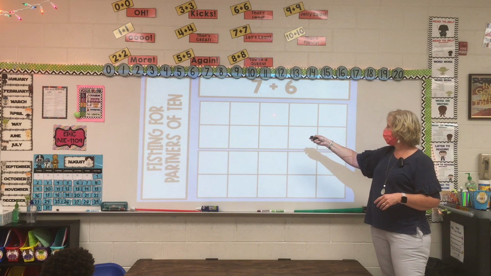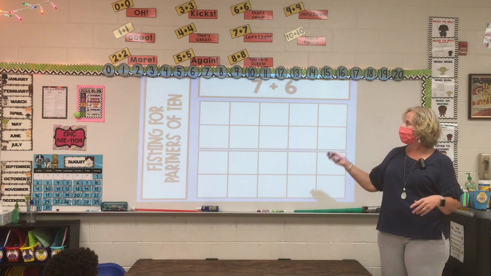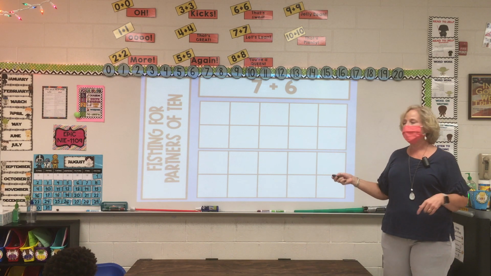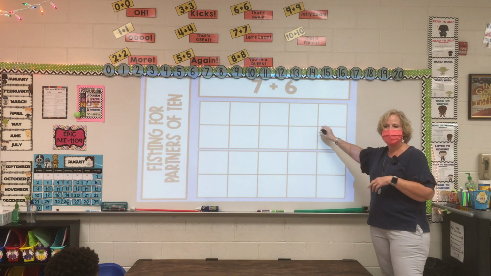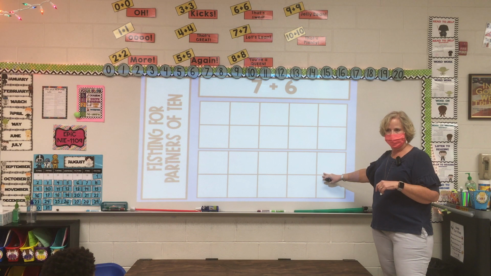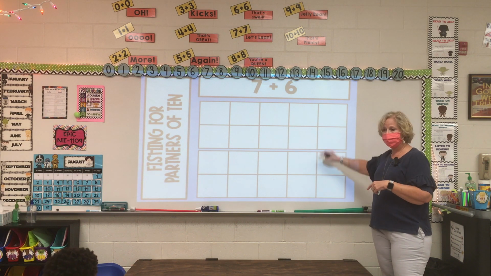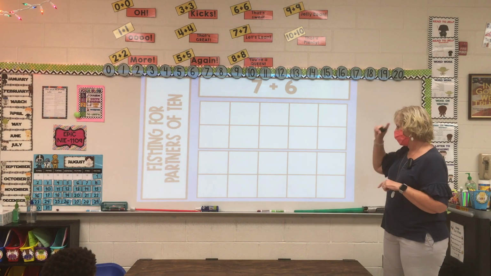I have 1, 2, 3, 4, 5 across the top, 5 across the bottom. We know 5 plus 5 is a double. It makes 10. If I have two 10 frames, how many do I have? 20, right? 10 plus 10 is 20. We learned that one yesterday.